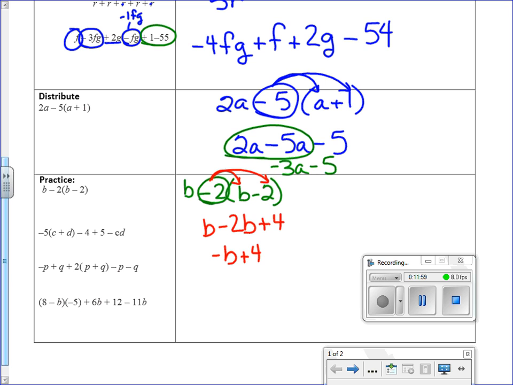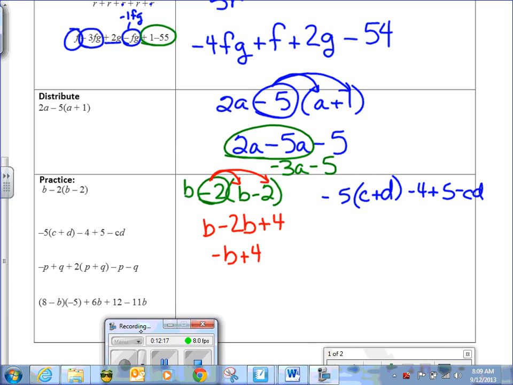Next, I have negative 5 times the quantity c plus d minus 4 plus 5 minus CD. So I'm going to distribute my negative 5.